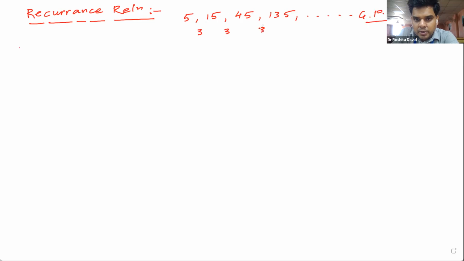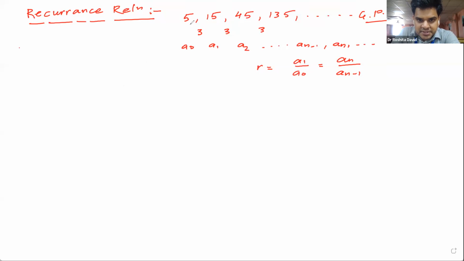Whenever we have a common ratio between the elements, we get a GP series, right? This common ratio is nothing but, suppose I'm taking a sequence starting with A0, A1 upon A0, or we can say An upon An minus 1. It should be the same for every successive term, right?